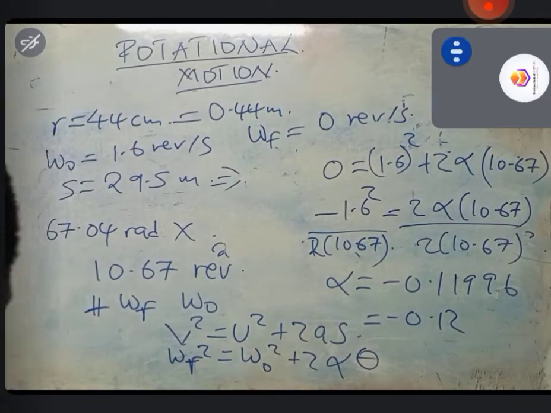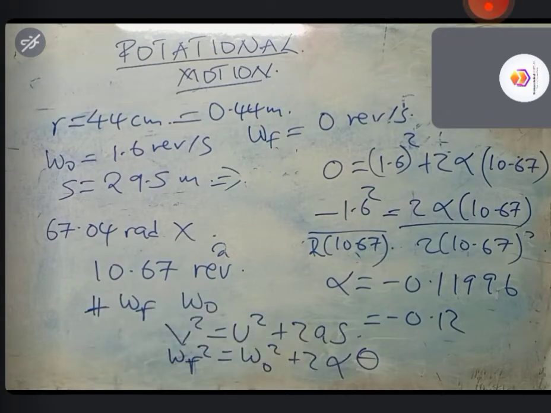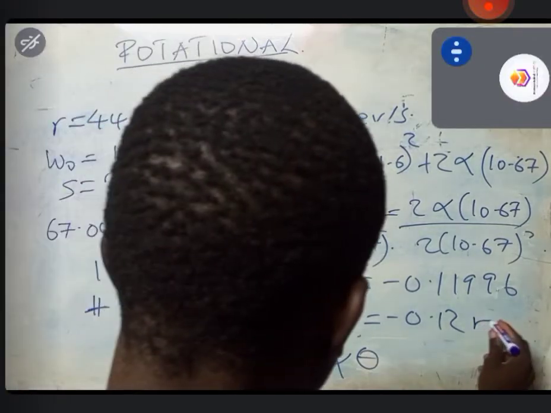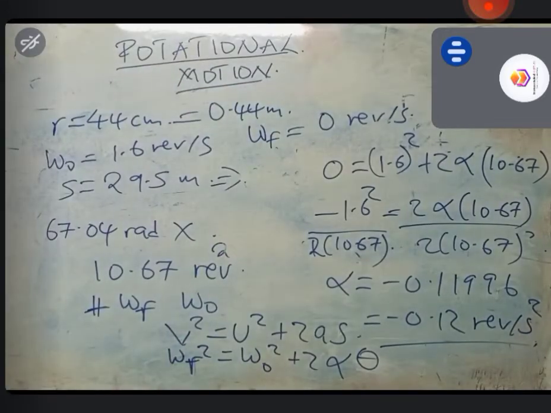So what will be the units? Think of what you've been using. Radians per second squared. Are you sure? Have we been using radians, or revolutions per second squared? So what matches up with the answer given there, right?